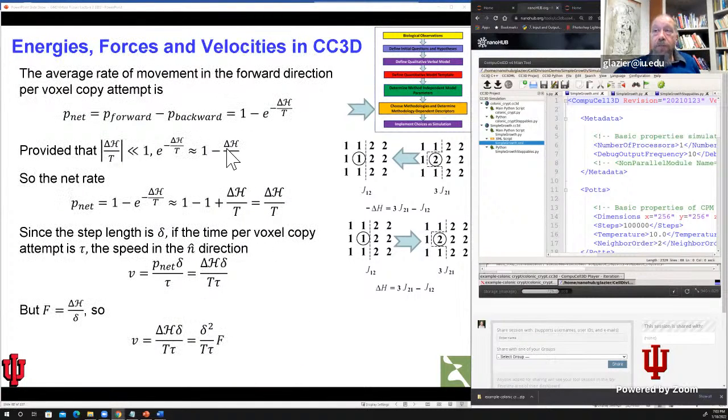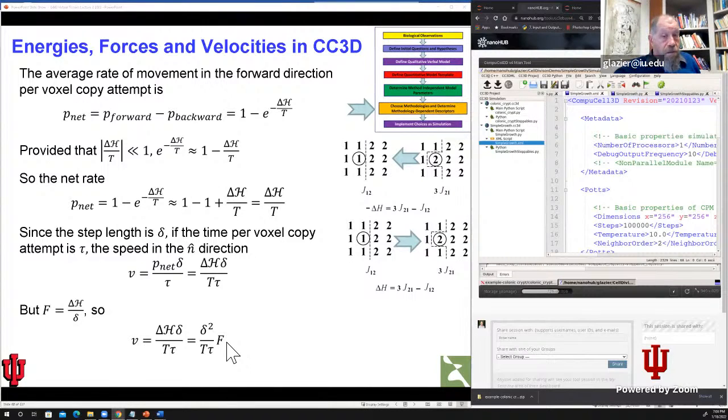If I assume that the change in energy is on the order of the temperature, the fluctuation amplitude, then I can Taylor expand this exponential, keep the lowest order term, and I discover that the velocity is delta H, the change in energy, divided by the length scale of the lattice, which means that the velocity is equal to the length scale squared divided by the time scale divided by the fluctuation amplitude times the force.